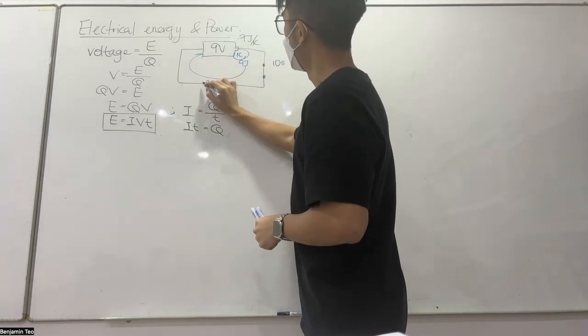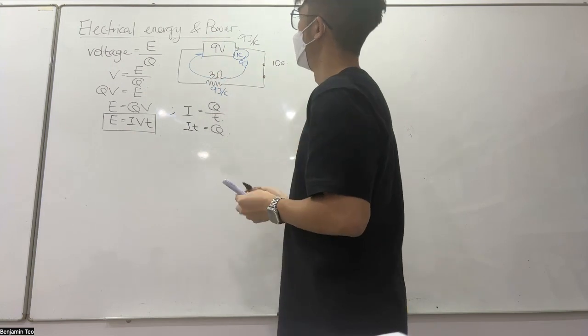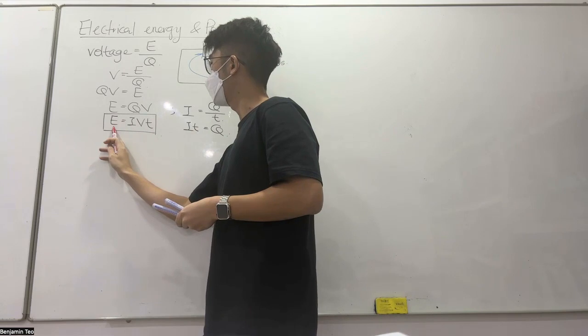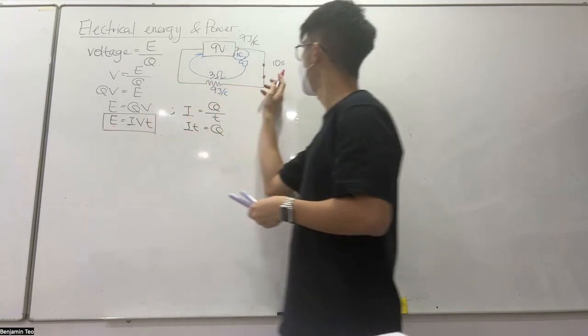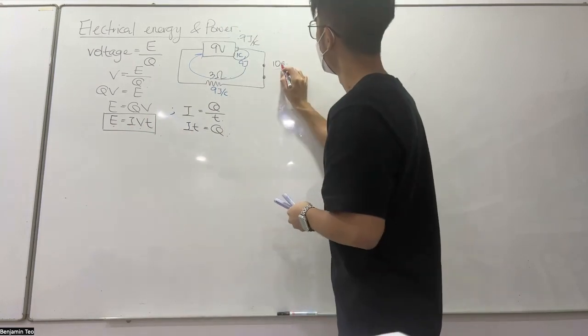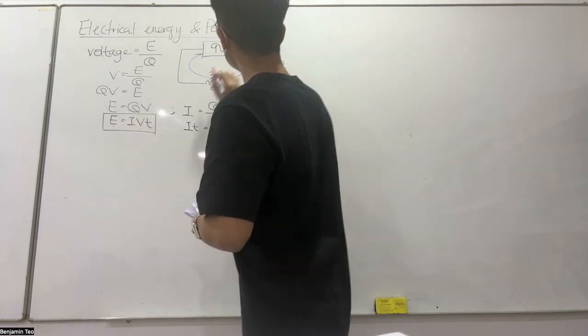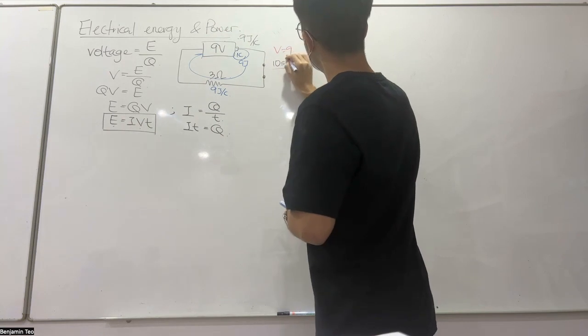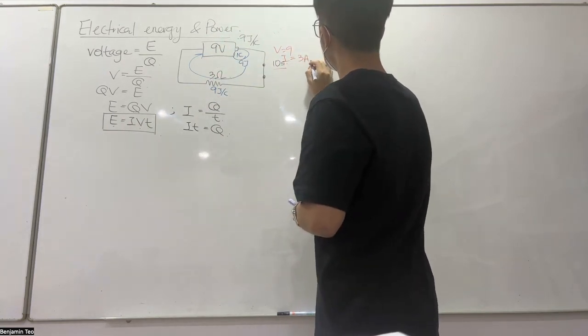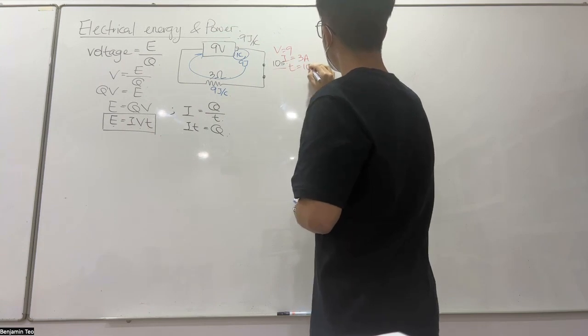Let's say this one is 3 ohm. To get the energy supplied by the battery in 10 seconds, you will need the current, voltage and T. We already got I and V. V is 9, I is 3 ampere, T is 10.